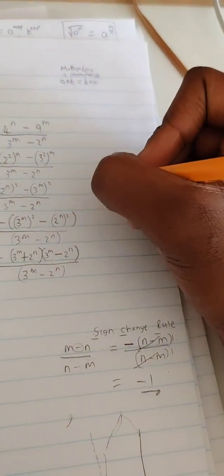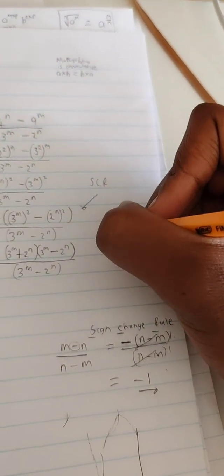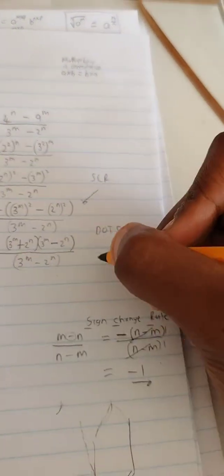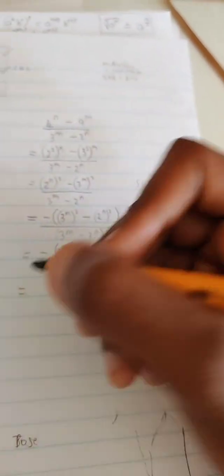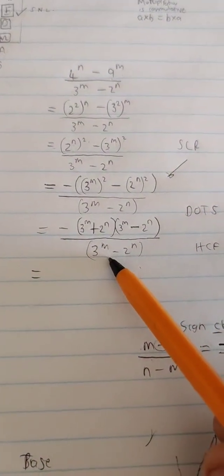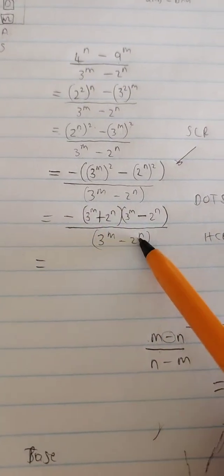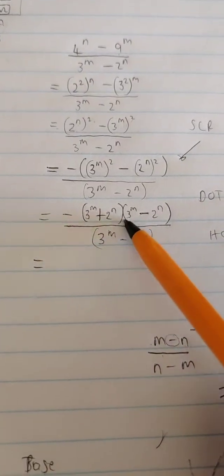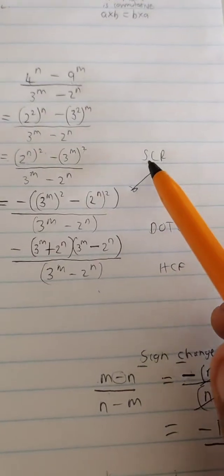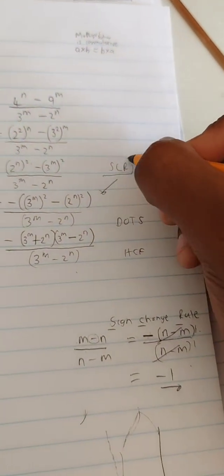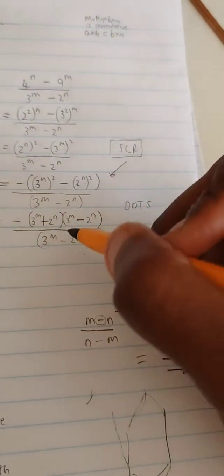So we applied SCR, then we applied the highest common factor in the denominator, taking out 1, and now it's very straightforward. How many terms at the top? 1. How many terms at the bottom? 1. Cancellation can happen for common brackets. So that's why the sign change rule was so pivotal and important in our process.